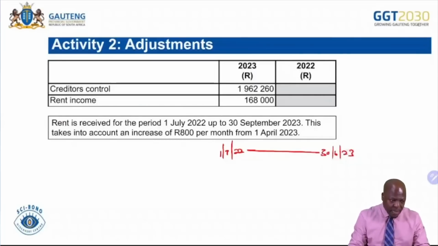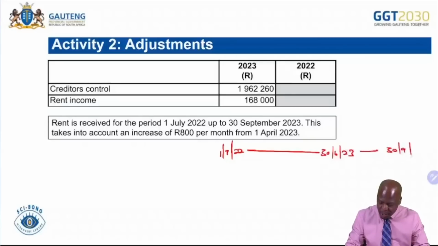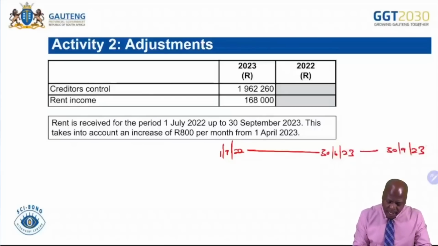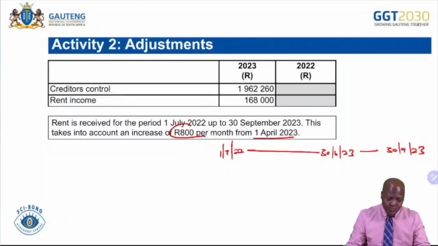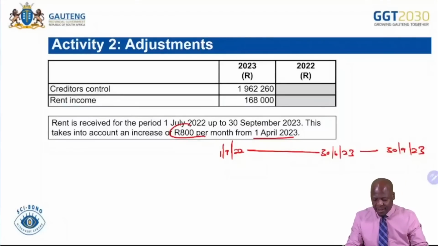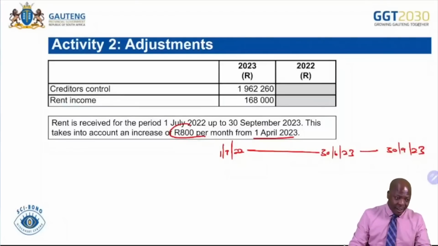But rent has been received until 30 September 2023. So our problem here is we have months whereby we have received rent in advance. But we are told this takes into account an increase of 800 from the 1st of April. So we have months with increase and months without increase.